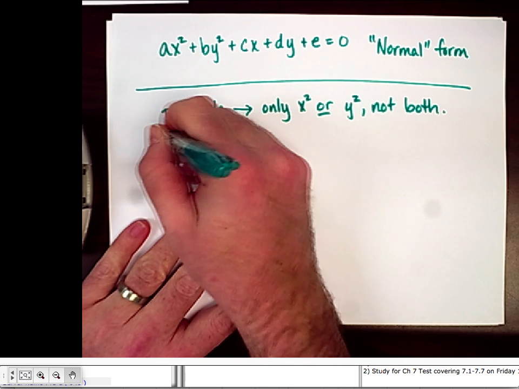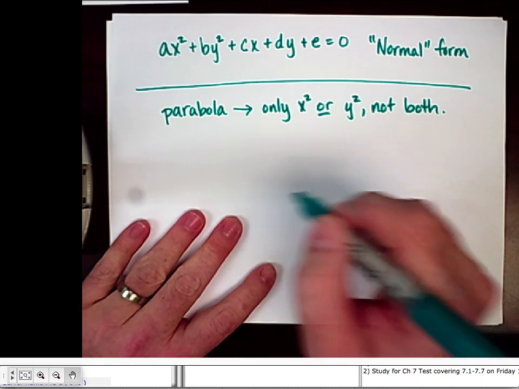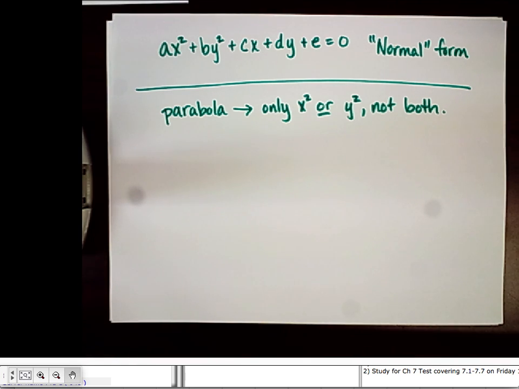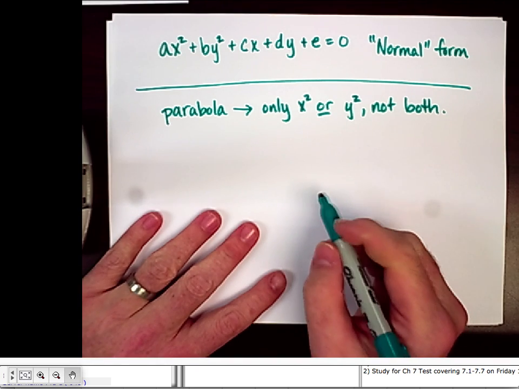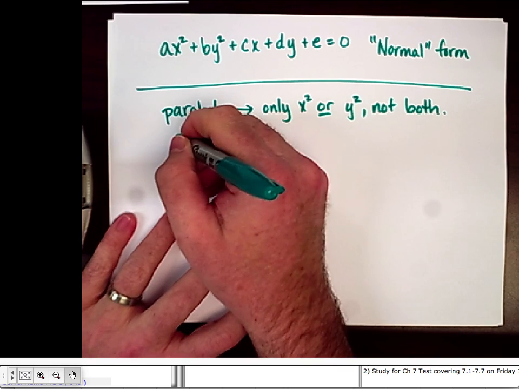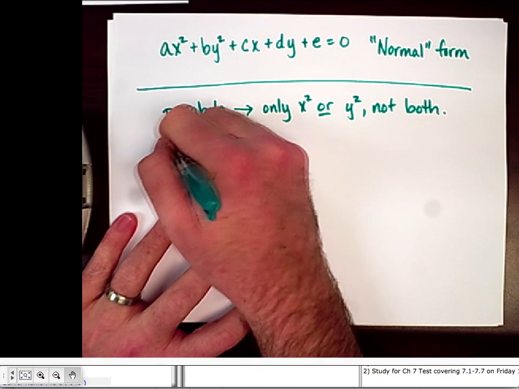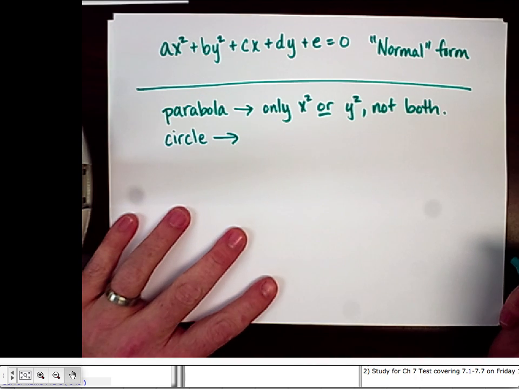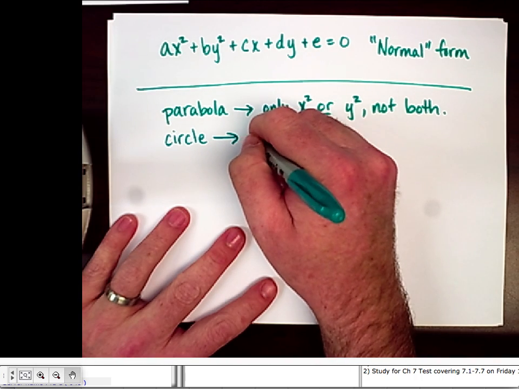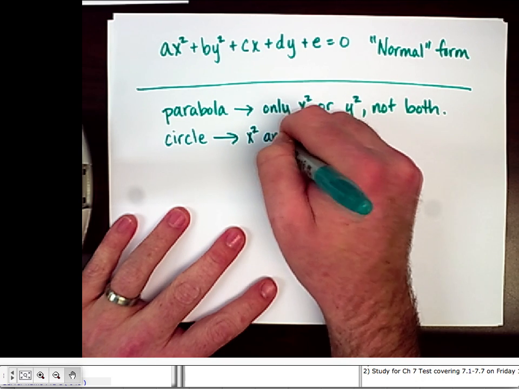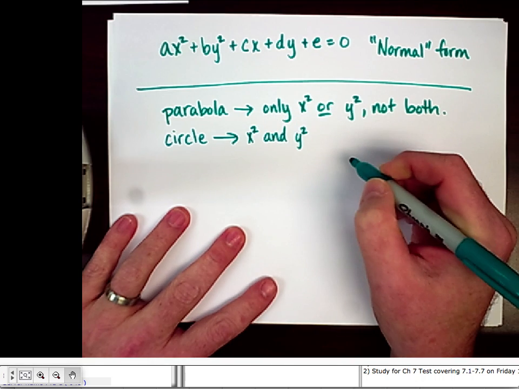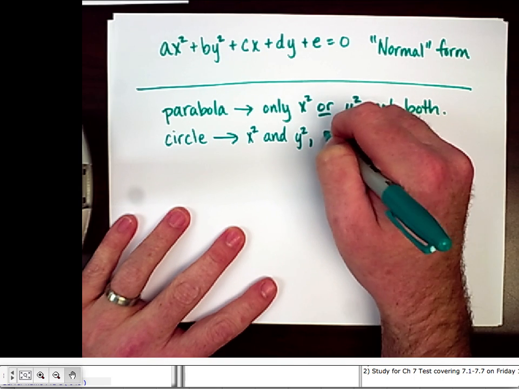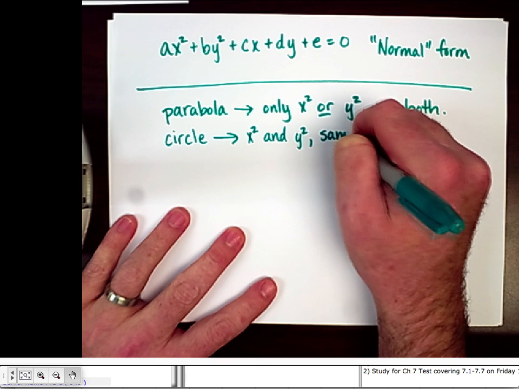So everything after here, there is x squared and y squared. Because if there's not, it's a parabola. For a circle, there is x squared and y squared, and they have the same coefficient.